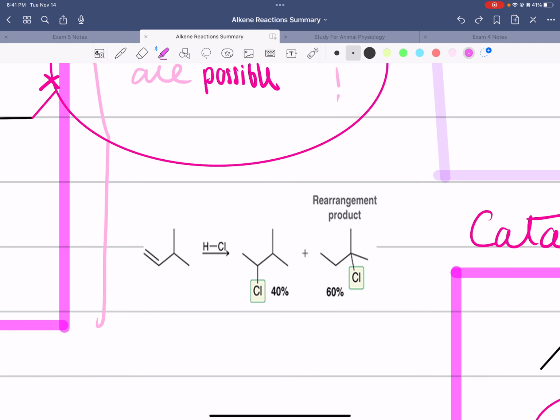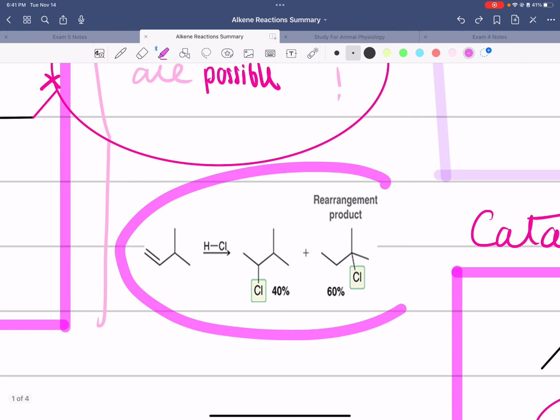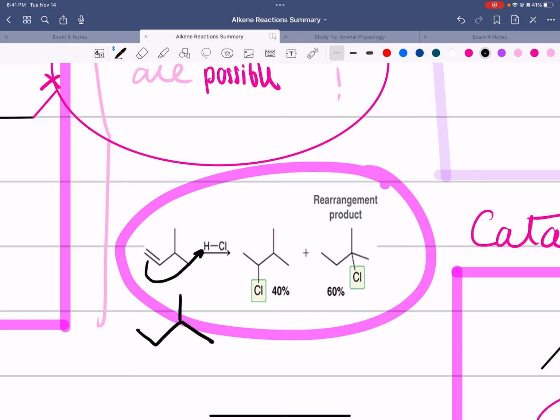I put this one out as an example. We're taking this one, and we know our hydrogen is gonna go on the more substituted carbon, meaning our positive charge is gonna go on the other one. So we have a secondary carbocation, but remember that we have shifts.